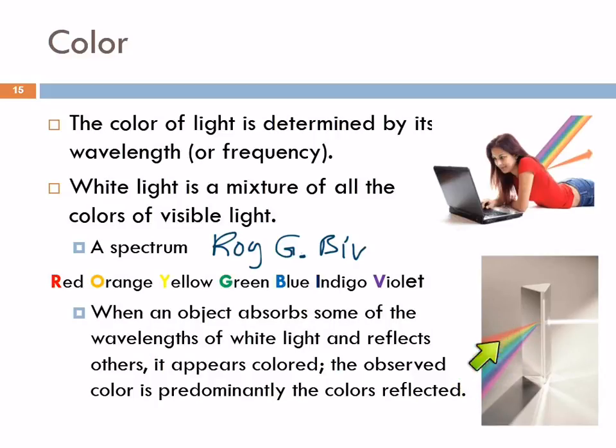If you were to do this experiment, you wouldn't necessarily see this white beam of light, right? You shine the light here, and then you see this rainbow come out. That also happens by my front door. We happen to have a chandelier that's got some beveled glass on it, and when the sun hits it just right, it sends little rainbows all over the place, right? You see them on the walls.